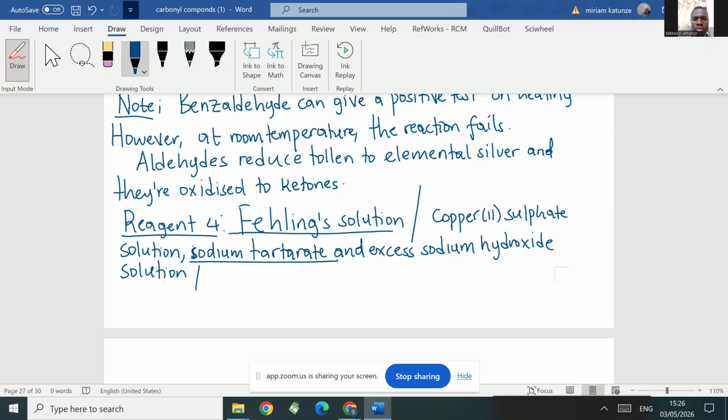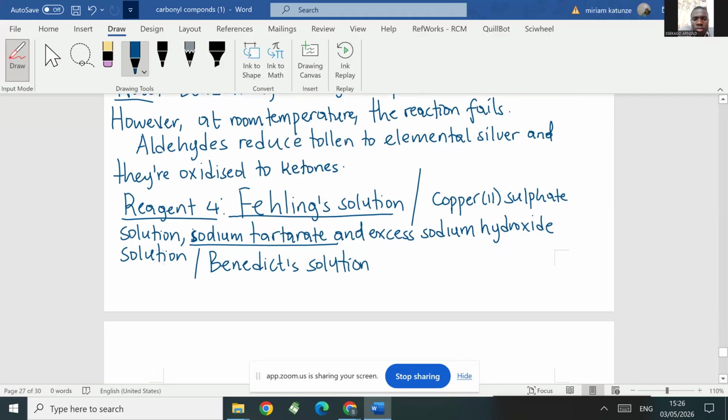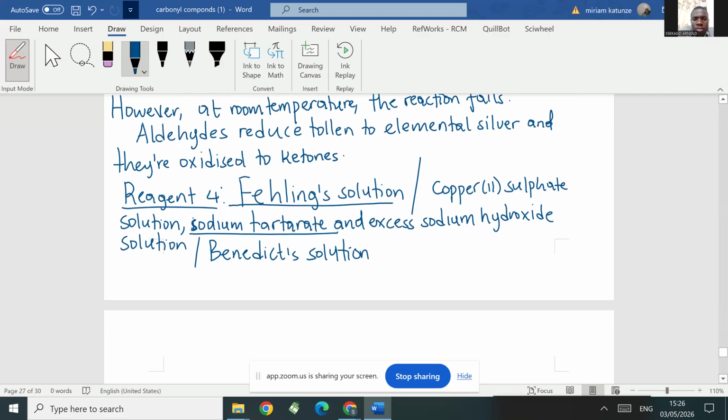In some books, you'll find that they call it Benedict solution. However, in chemistry, never use Benedict solution. I am including this for those of you who read a lot of books. For me, I use Fehling solution. That is what you should stick to when you check the chemistry books at this level.